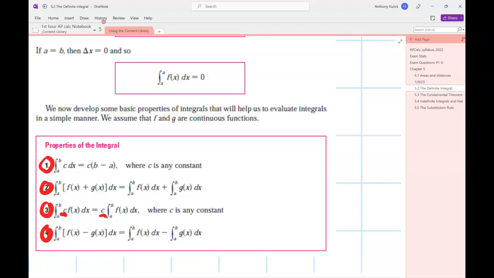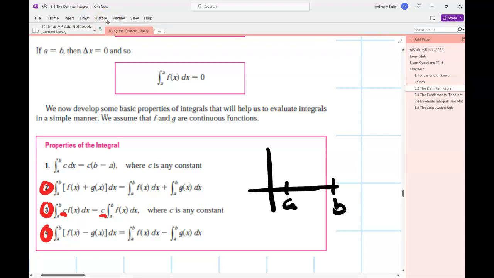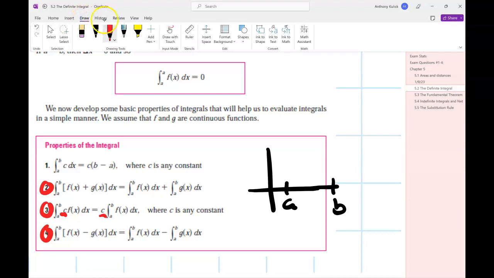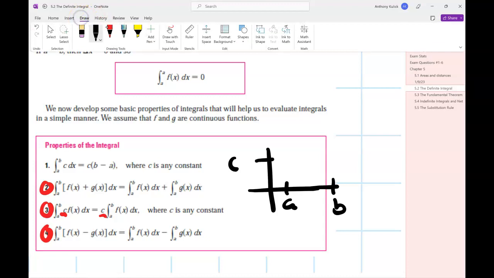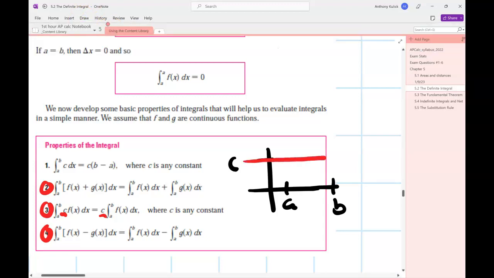One is the only one that kind of needs a little bit of explanation. And I'm just going to draw a picture to justify this. And we'll make that c. So if I graph y equals c, that's a constant function.